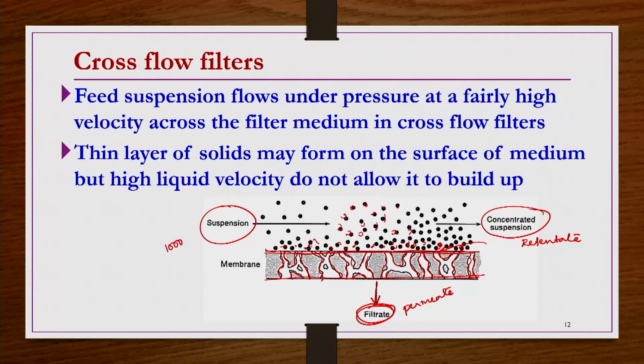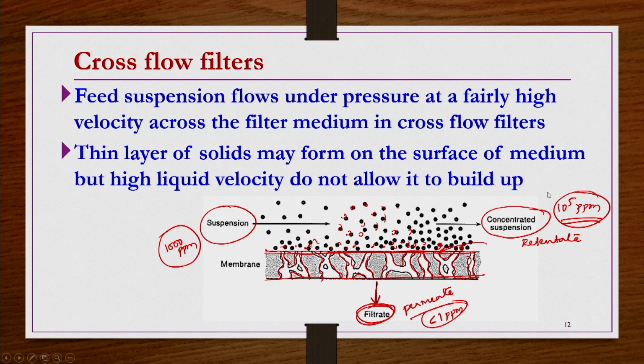Let us say you have a feed suspension of something like 100 ppm, then the permeate may be something like 1 ppm or less than 1 ppm, whereas the retentate may be something like 10 power 5 ppm or even higher, a concentrated suspension. These numbers are just indicative, to explain, and not necessarily connected to realistic problems.